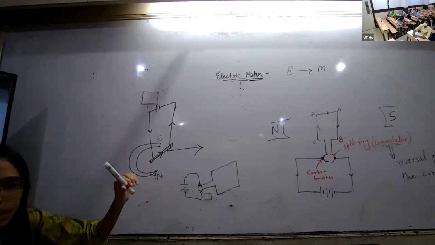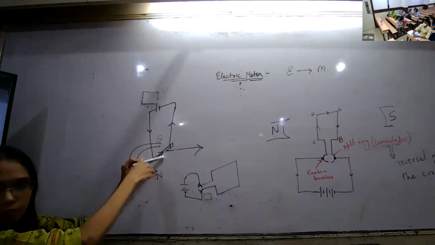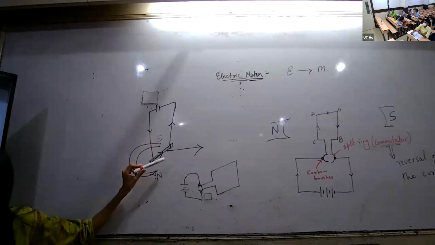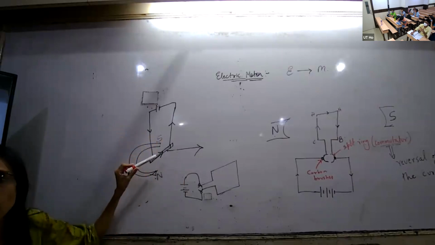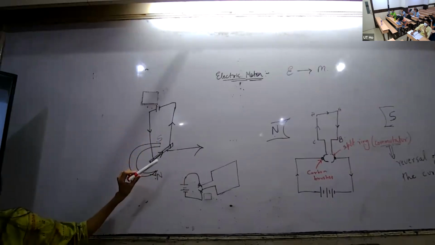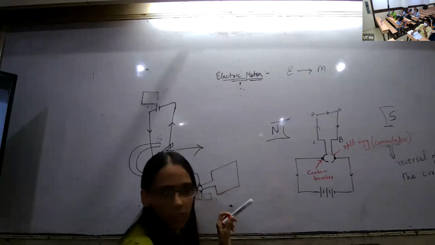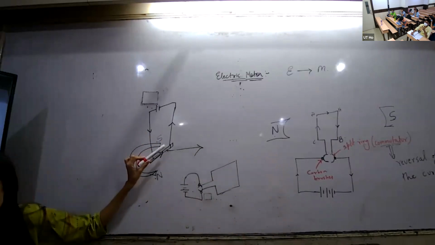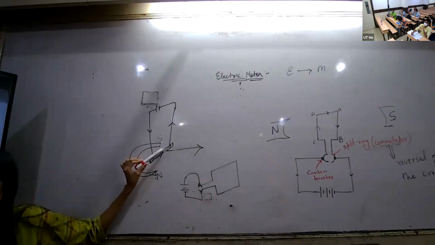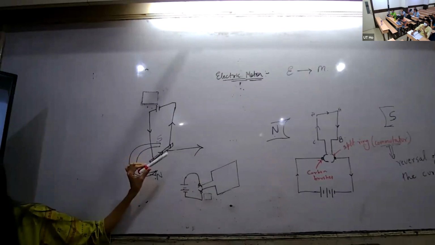So if a current carrying conductor is placed inside a field and in perpendicular direction, the conductor will experience a force. And using that principle, this conductor will experience a force which can be given by Fleming's left hand rule.